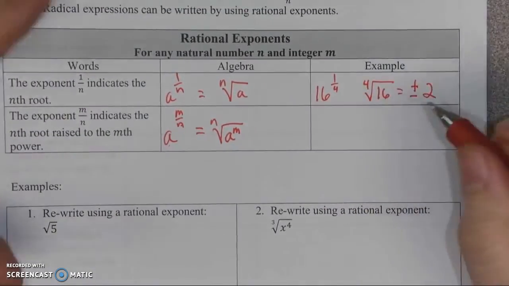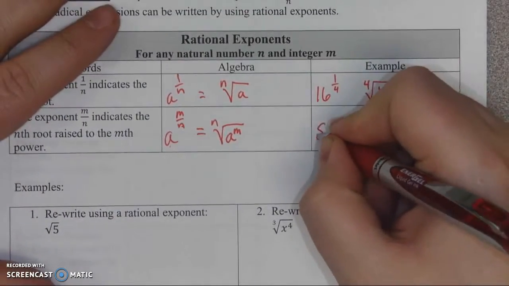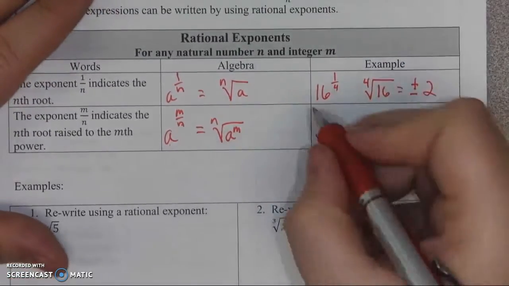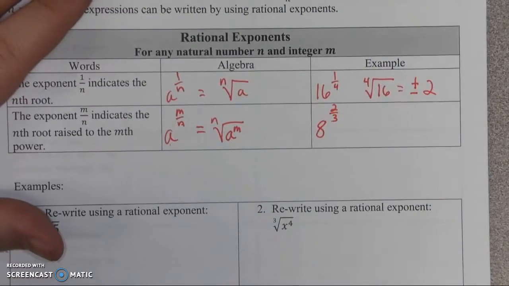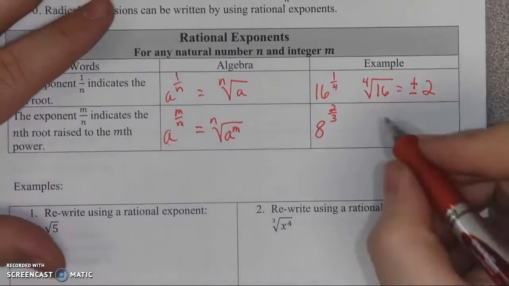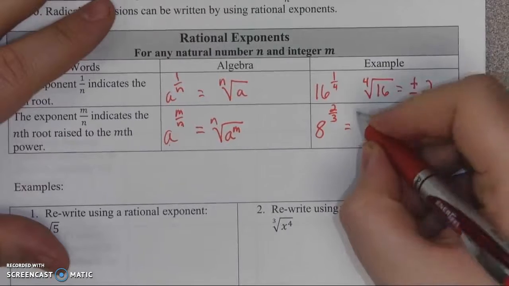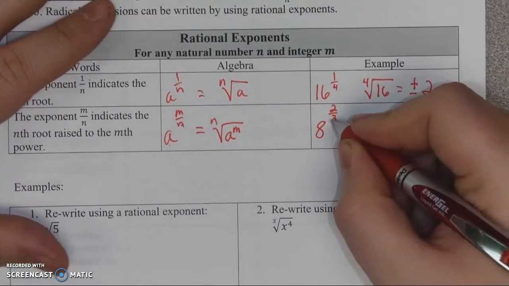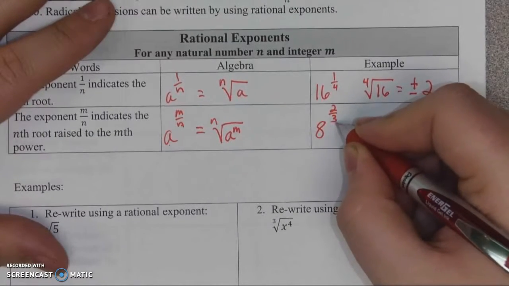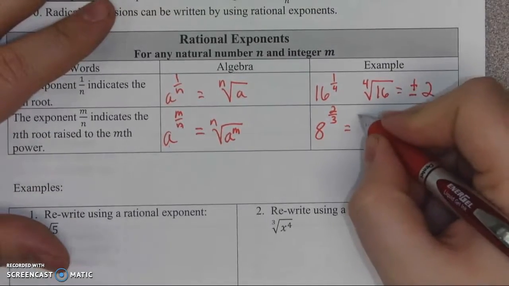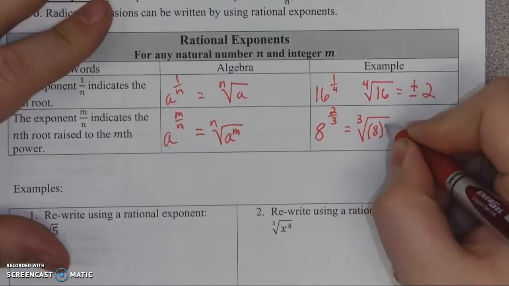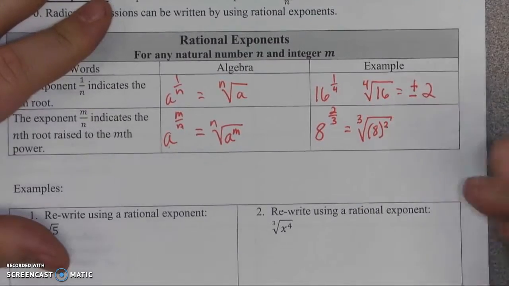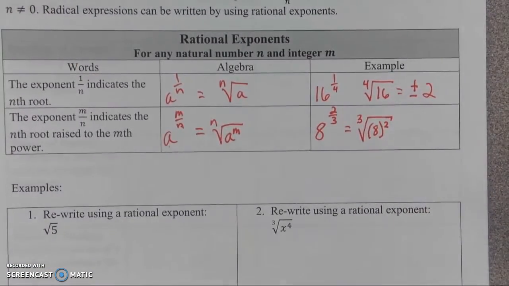So let's look at an example of what this would look like. Let's say 8 to the 2/3 power. Remember, the denominator is always the index. So this would be 8 to the power of 2 underneath the radical.